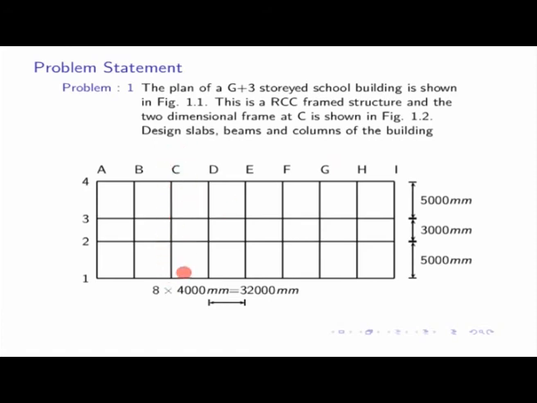If I look at this frame from this side, then I get C1, C2, C3 and C4. So let us consider 600, 4000. Generally the 600 millimeter means your plinth level from the ground. Generally in the ground floor we give a little more, you can give 3500 also. G plus 3 story RCC frame at C.